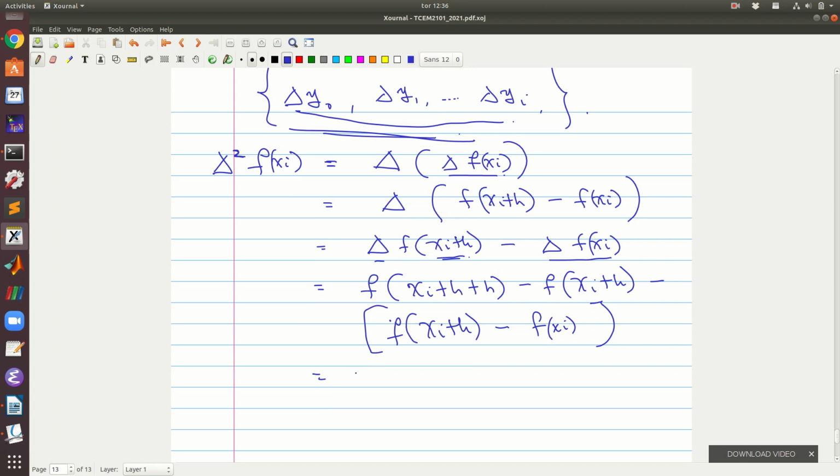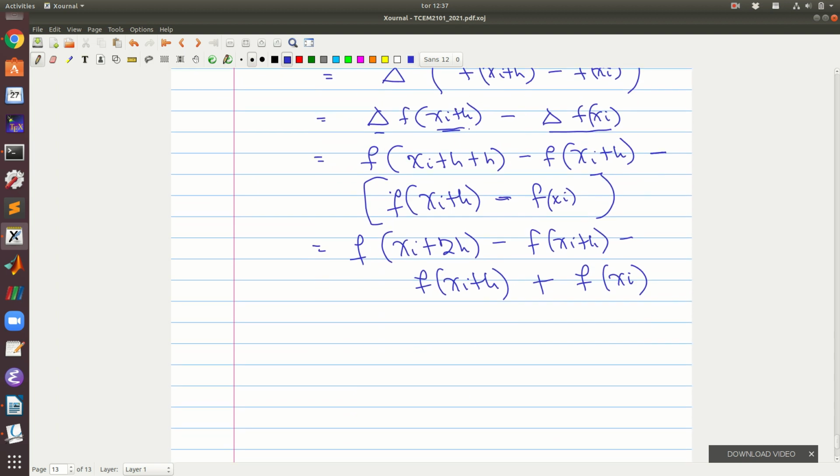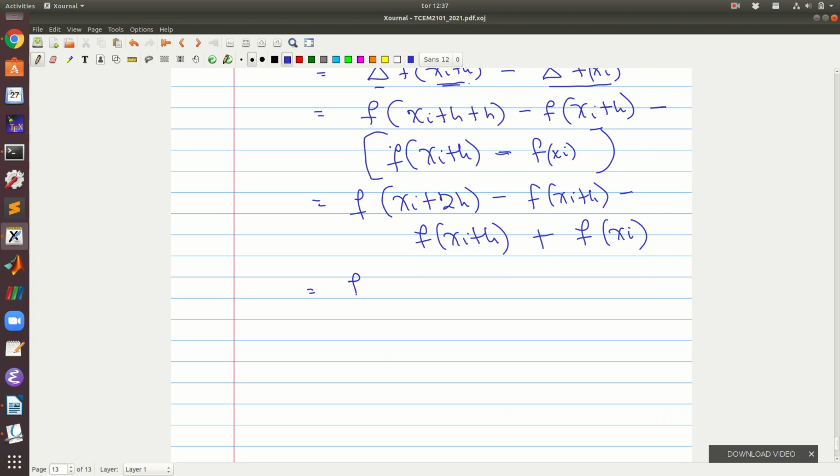Then we can simplify this. It is f of xi plus 2h, minus f of xi plus h, minus f of xi plus h, and with the minus sign we have plus f of xi. So we can write this as f of xi plus 2h minus 2 f of xi plus h plus f of xi.